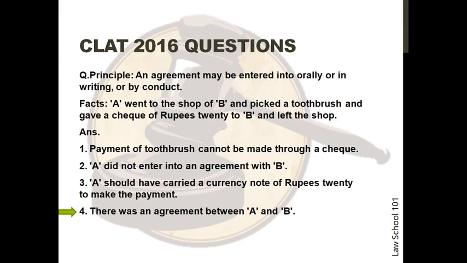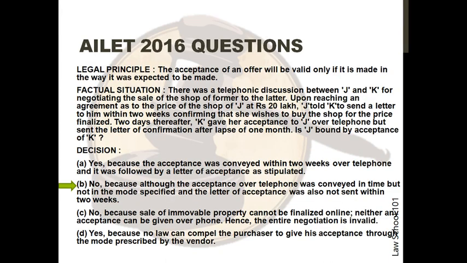Now we move on to questions from CLAT 2016. The first one is legal principle. The acceptance of an offer will be valid only if it is made in the way it was expected to be made. Factual situation. There was a telephonic discussion between J and K for negotiating the sale of a shop of the former to the latter.